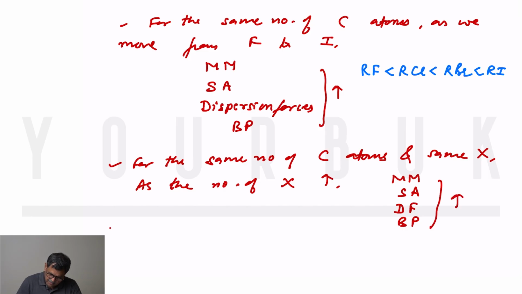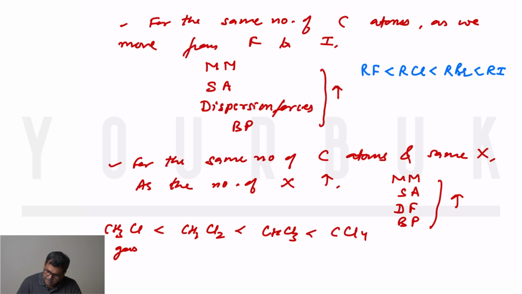That's why CH3Cl has the lowest boiling point, is a gas. Then comes CH2Cl2, then CHCl3 chloroform, then CCl4, and both these are liquids. So it proves that the boiling point increases.